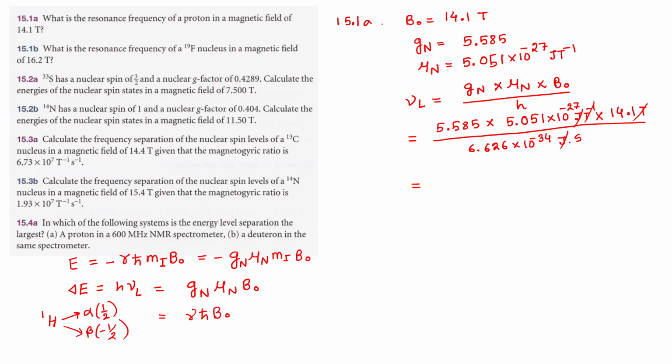It will come as 5.585 into 5.051 into 10 to the power minus 27 multiplied by 14.1 divided by 6.626 into 10 to the power minus 34.